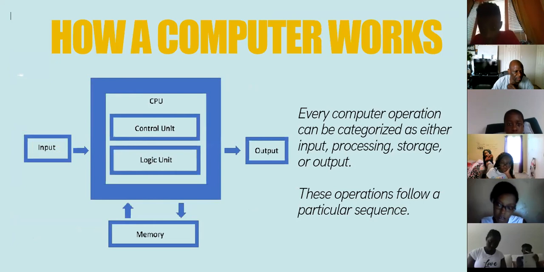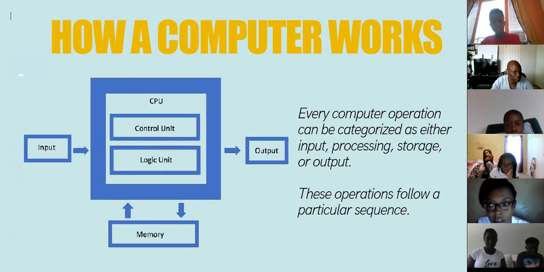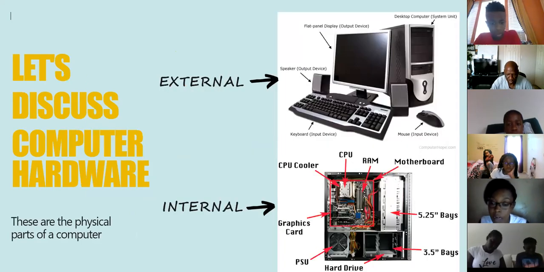Okay, Godson has his hand up. You have a question, Godson? I just wanted to make sure. I think I didn't hear you guys well, but is external the part that we can touch and see, and internal is the part that we can't see? Okay, we can actually see both external and internal parts.